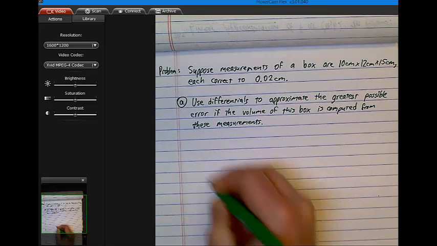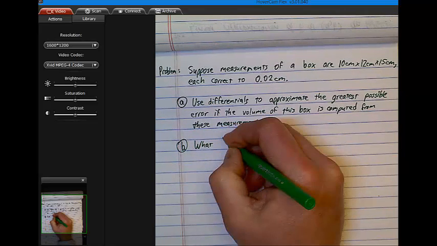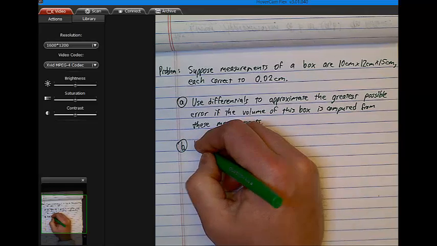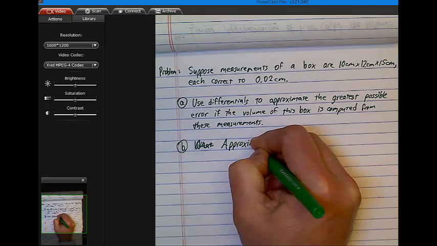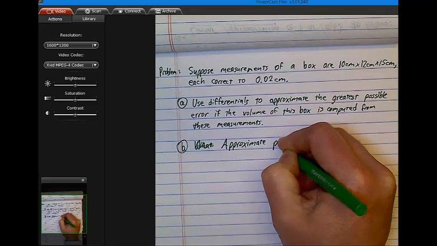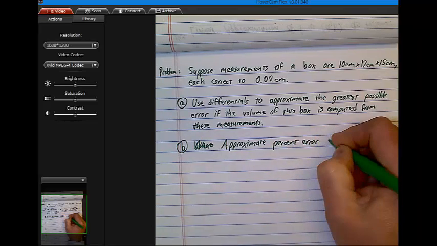And then part B, I'm going to ask you this question. Approximate the percent error on the volume.